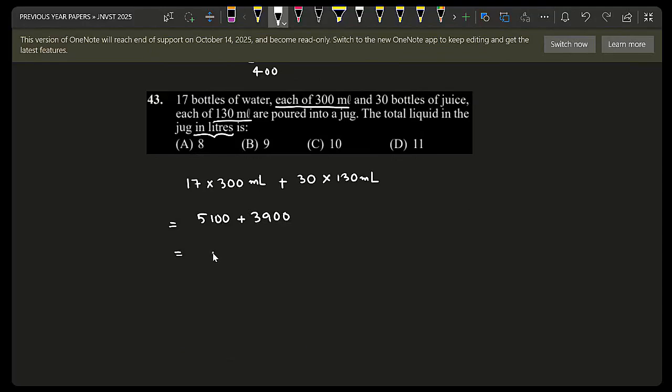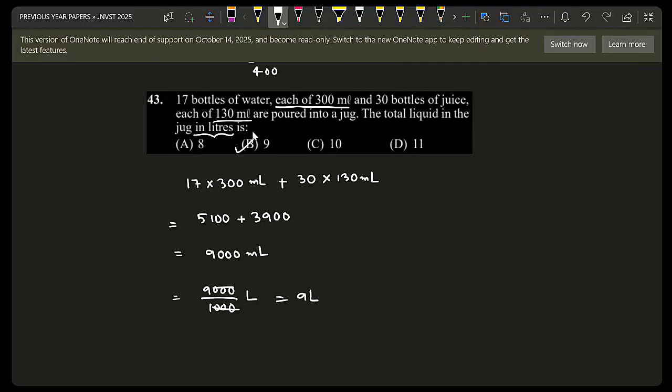So we get 9000 milliliters, but we need to convert into liters. Converting milliliters into liters, divide by 1000, because 1 liter is equal to 1000 milliliters. 3 zeros cancel. It is 9 liters.